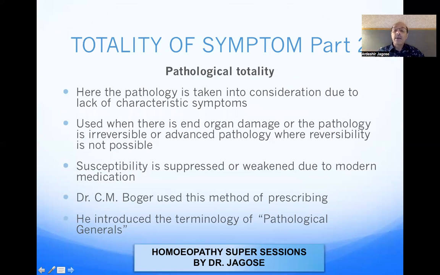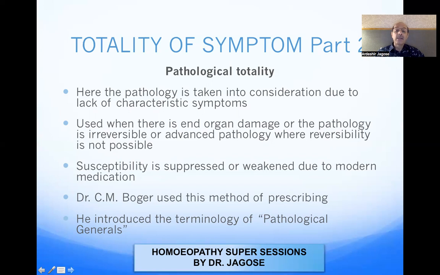Used when there is an end organ damage, or when the pathology is irreversible, or advanced pathology where reversibility is not possible. So here, the pathology has advanced, the organ has been damaged to a considerable extent, or it is irreversible pathology and reversibility is not at all possible.